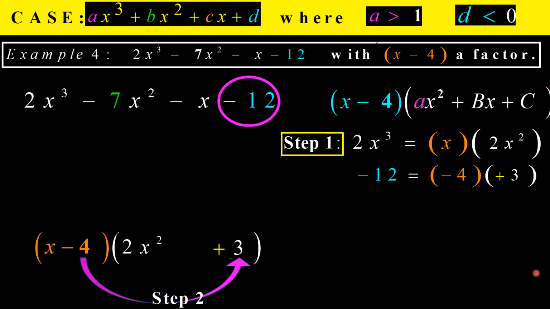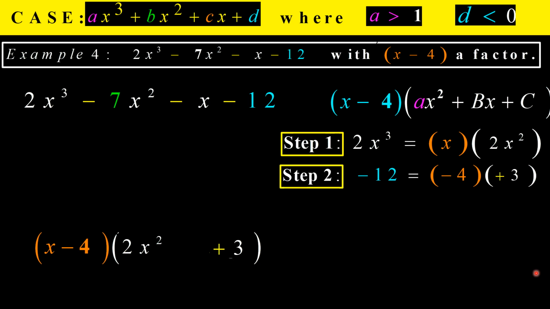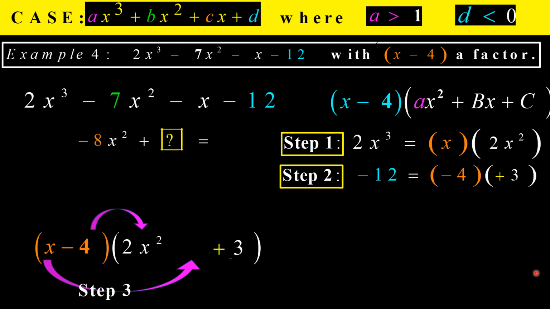Now the second term was the constant term. For the third term, we want to find the middle term. So the third step, we want to find the middle term. I need to use my term in x squared, and here it is negative 4 times 2, which is equal to negative 8x squared.